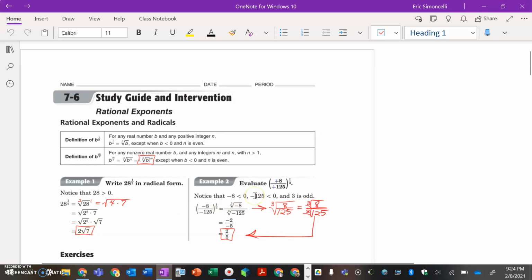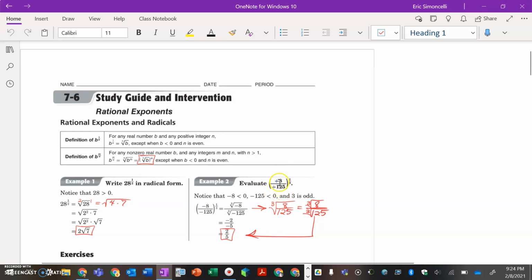Example 2. It says evaluate -8 over -125 to the 3rd power. Because we're dividing two negatives in the end, the entire base here ends up being positive.